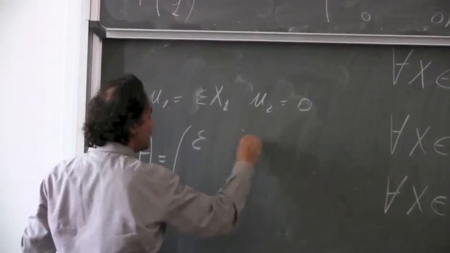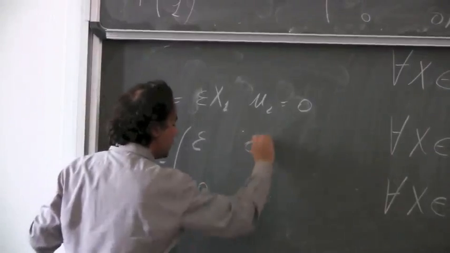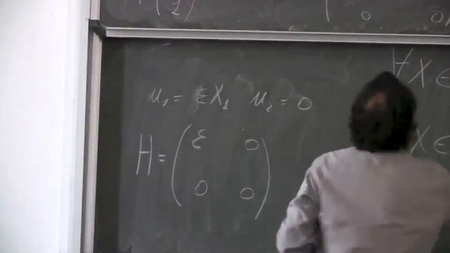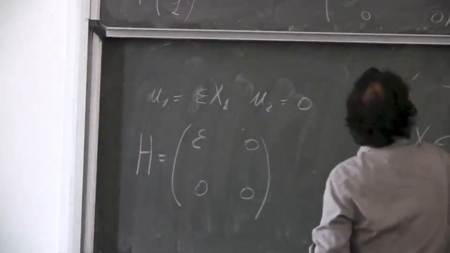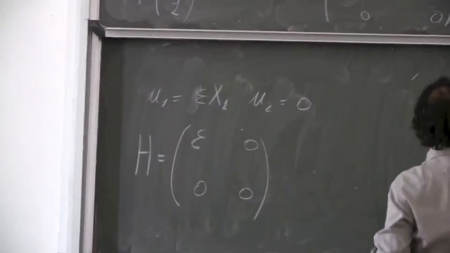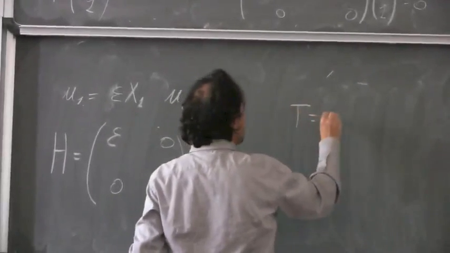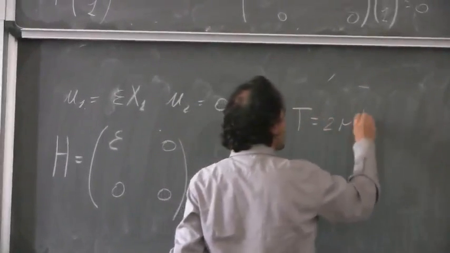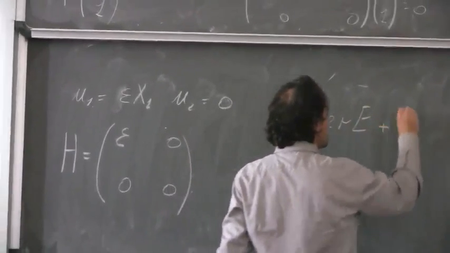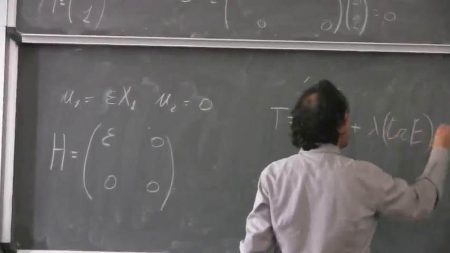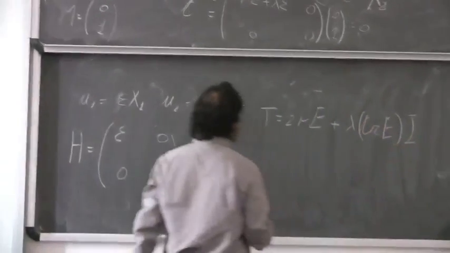So this is epsilon 0, 0, 0. So T is equal to 2 mu E plus lambda trace of E multiplied identity.